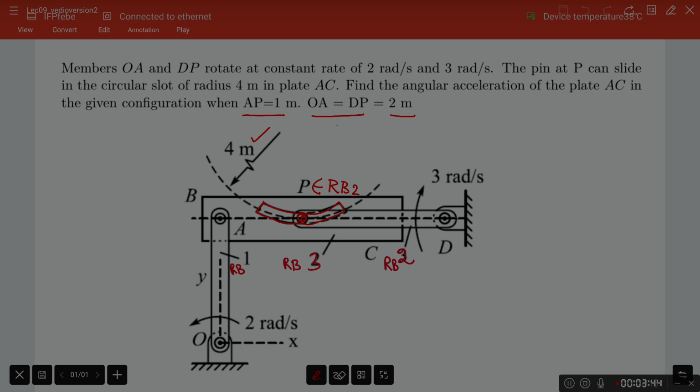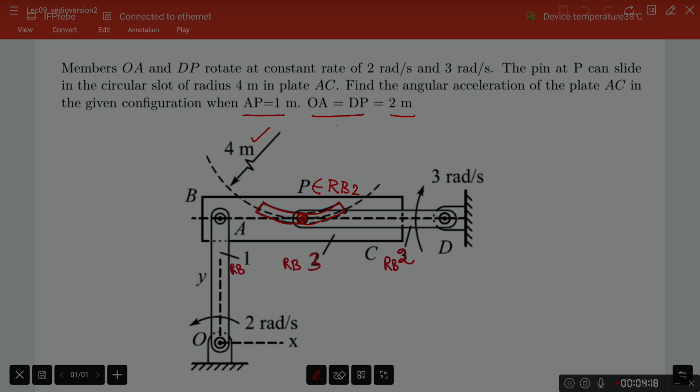However, that assembly of RBs in the previous problem was constrained only in one direction. It was pinned to the ground frame. The other side of the assembly was free, and on that other side there was a point A, and we were asked to find the velocity and acceleration of that point on one side of the assembly.